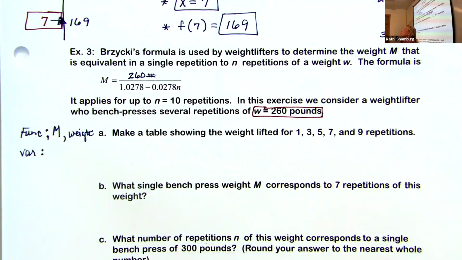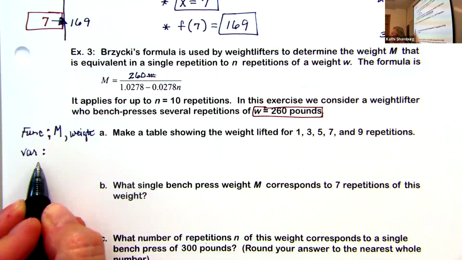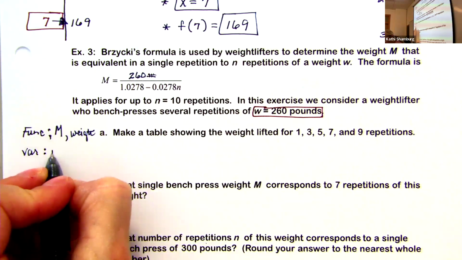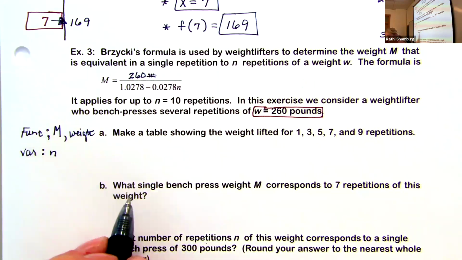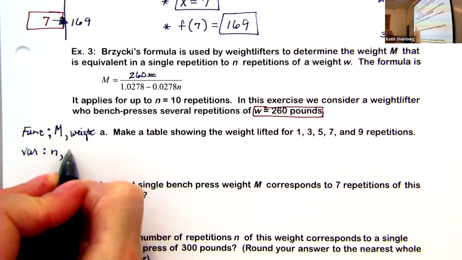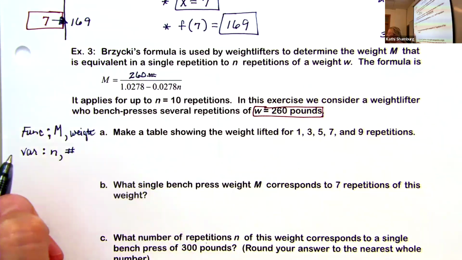So if you're bench pressing 100, then you would change it with 100. All right, so what does that then leave my variable to be? N. 10 what?